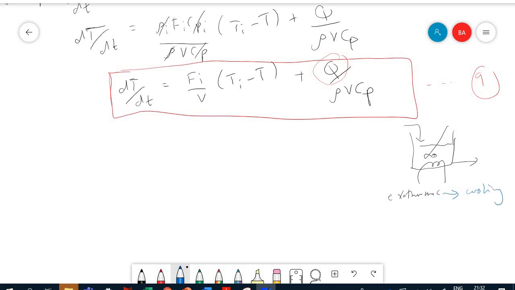Of course, why do you need cooling? The whole idea is that when we have a reaction, and if it's exothermic, and say this reaction was at 50 degrees, it goes up because it's exothermic, for example, to 170 degrees centigrade.